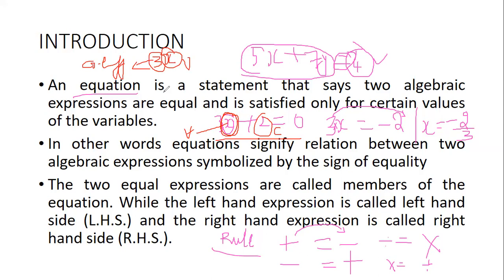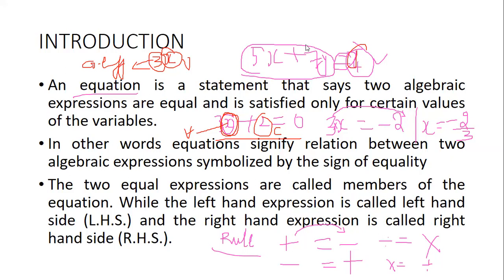If you have only a number, like 2 or 4, this is called a constant. All this together defines the equation.